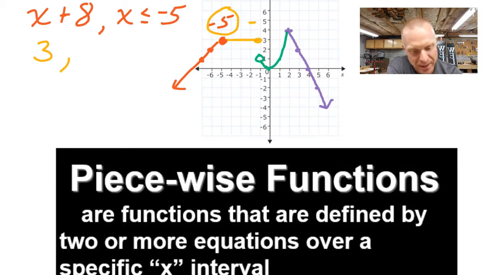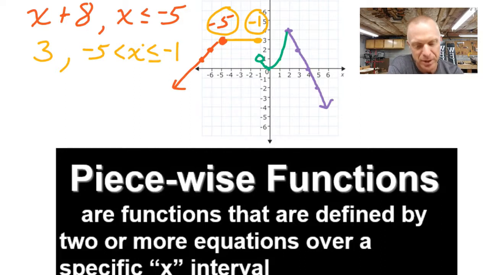But the next x value looks like it's at -1. So that means that I want the piece of that line that's between -5 and -1. Notice that I'm using a less than or equal to sign since my dot is filled in, since the point is filled in.